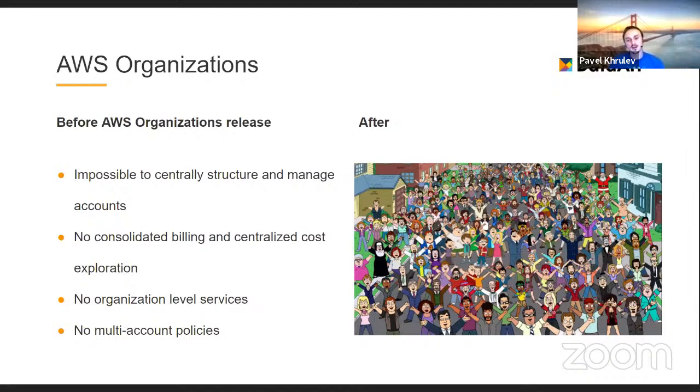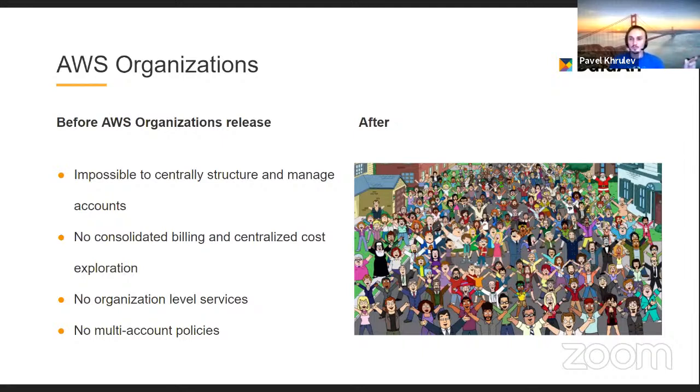that could be actually a hell, because just imagine you have one account, you have another account, you have like 10 accounts, and all these accounts have separated billing. So if you have 10 accounts, you have 10 separate bills for these accounts. Also, it wasn't possible to centrally structure them and manage them.